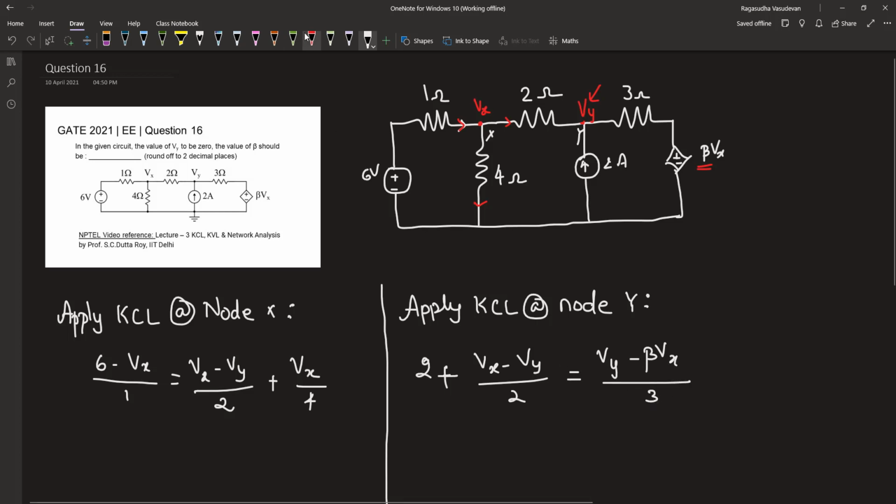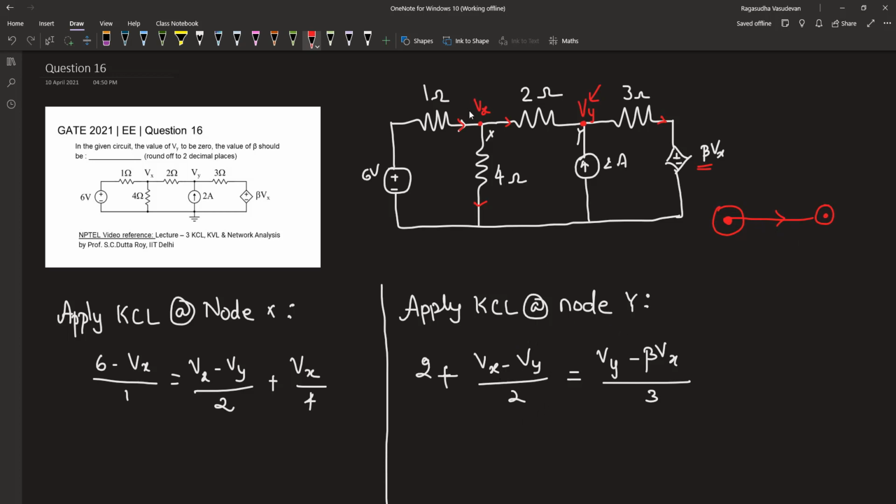We can assume the current's direction to be in either way. You can consider that the current is incoming here or the current is outgoing from this path as per your convenience, but we need to put the equations accordingly. Having a principle that the current is flowing from a node with higher potential to a node with lower potential, we need to make use of this concept and draw down this equation.